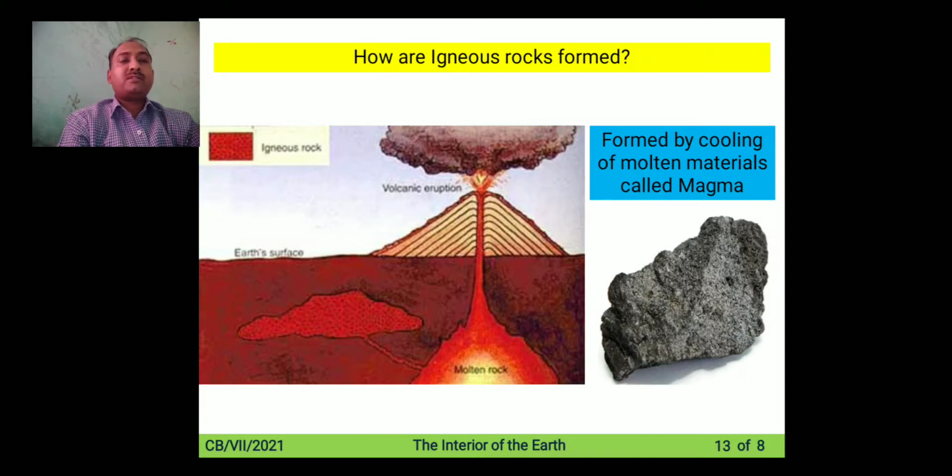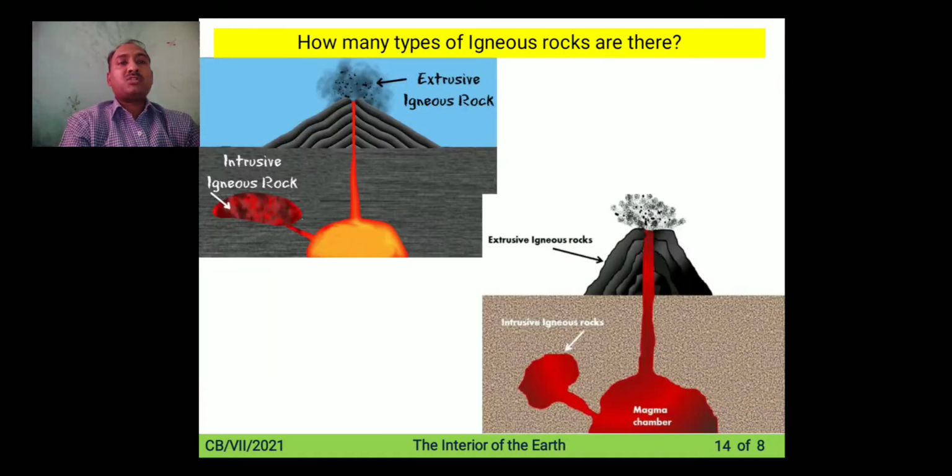Whenever this lava tries to come to the surface level of the earth, it comes out. If it gets vents and solidifies on the surface of the earth, it cools down, and a particular kind of rock is formed. It is called igneous rock. So this igneous rock is specially formed by the cooling process.